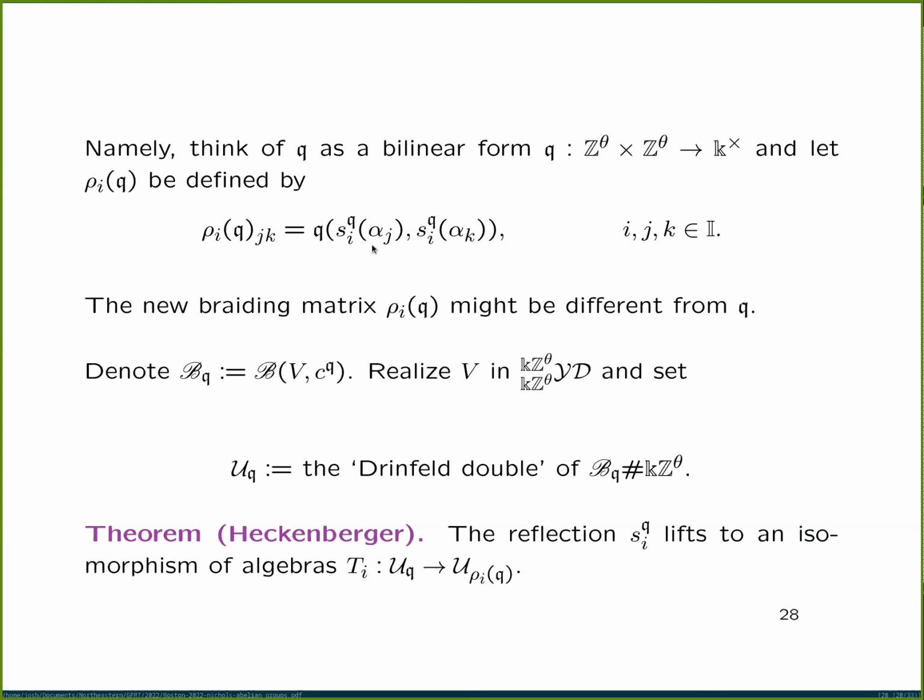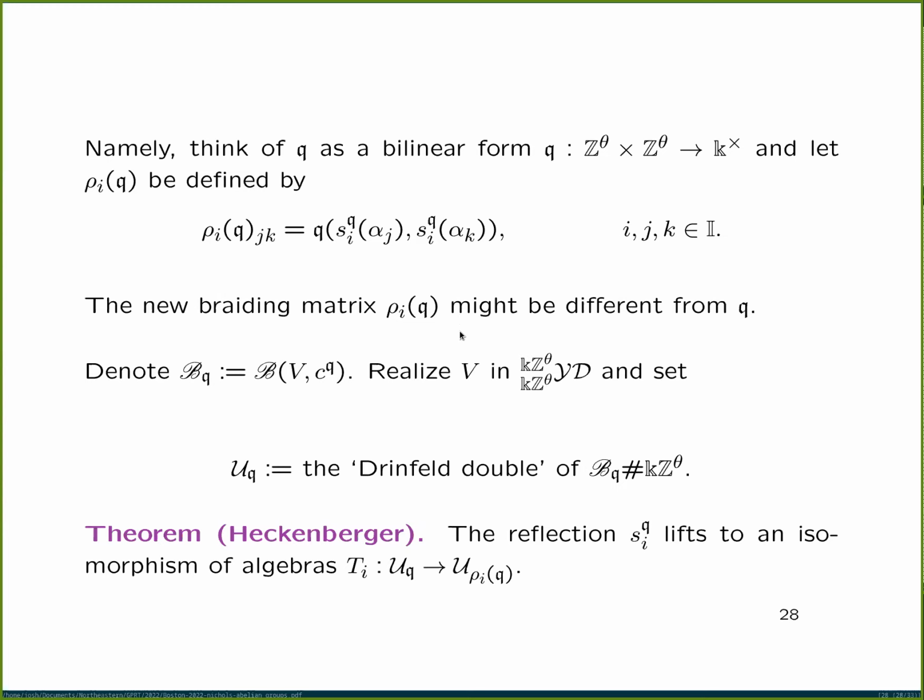You take the element alpha_j of the basis, you apply the reflection s_i^Q defined in the previous slide, you take the alpha_k element of the basis, you apply the reflection s_i^Q, and you evaluate on this the bilinear form Q. This is by definition, for every j and every k, so this is why you get a matrix rho_i Q of jk. This new matrix in principle will be different from Q. It will be equal to Q when it is of Cartan type, but otherwise no.